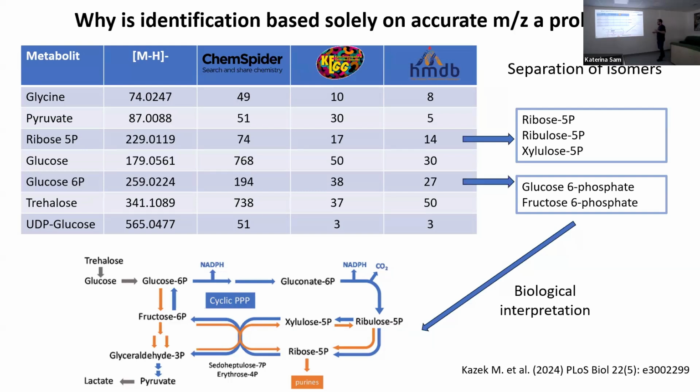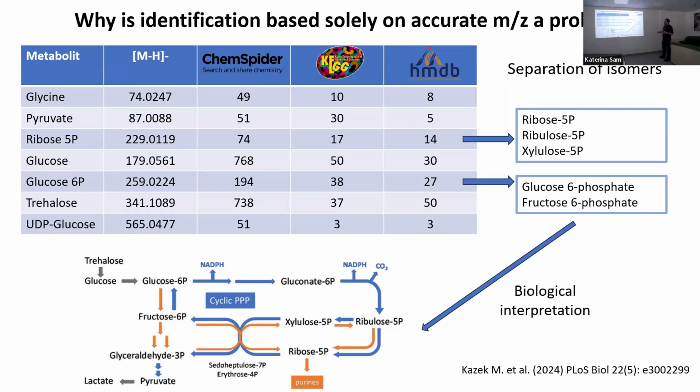Typically, it's impossible to use this data for biological interpretation, because mass spec measures the mass. Okay, it's not a problem to calculate the elemental composition from the mass, but we have the three biggest databases of mass spectra: ChemSpider, KEGG, and the Human Metabolome Database.